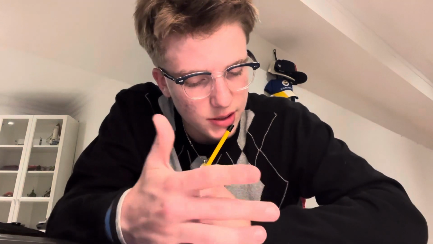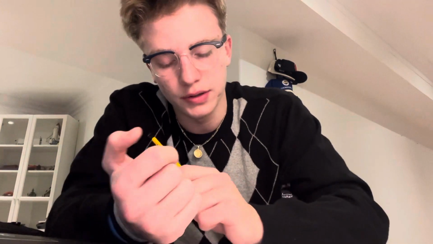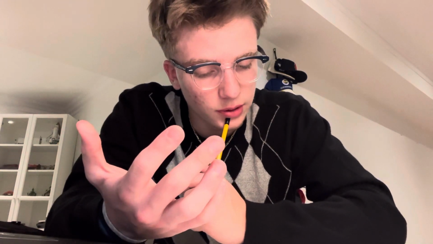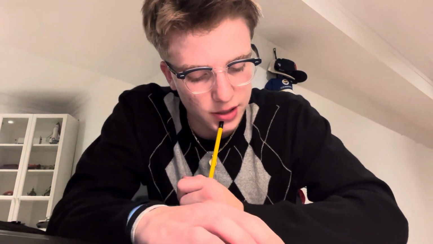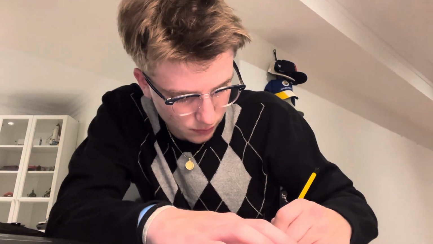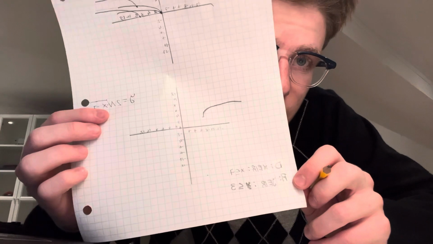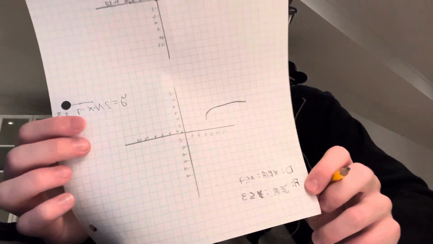So all the numbers that we can plot on this function will be above 3. There will not be a single point where the function passes through where it will be below 3. So we write the range as y is greater or equal to 3.